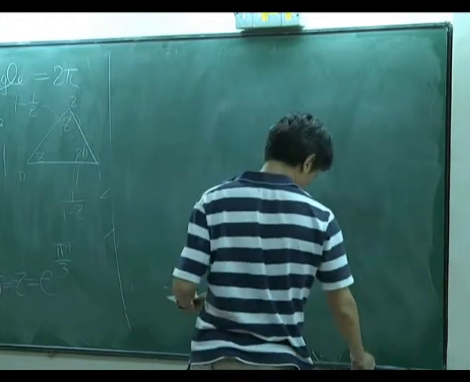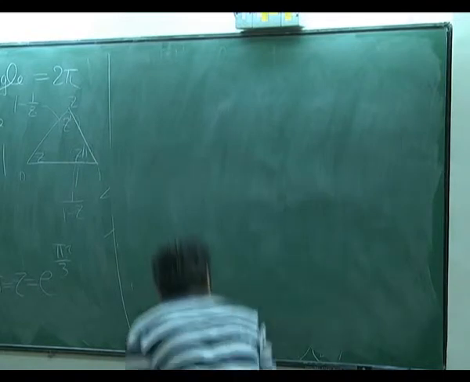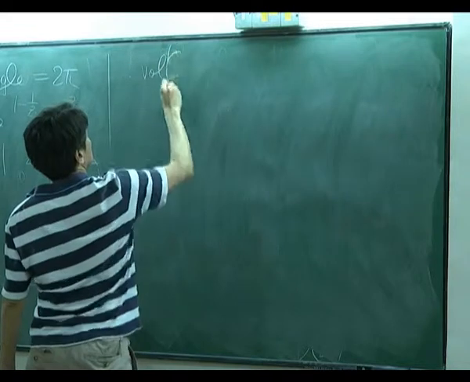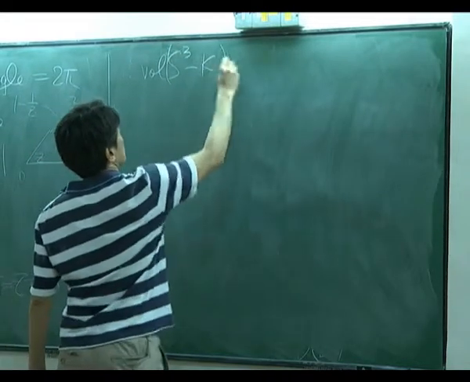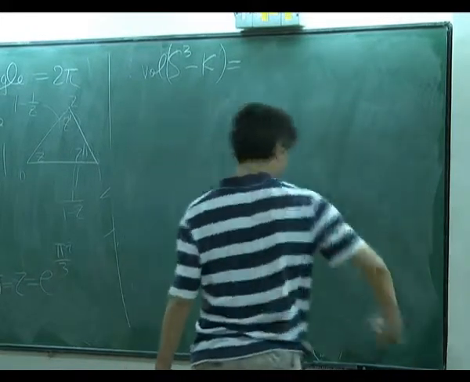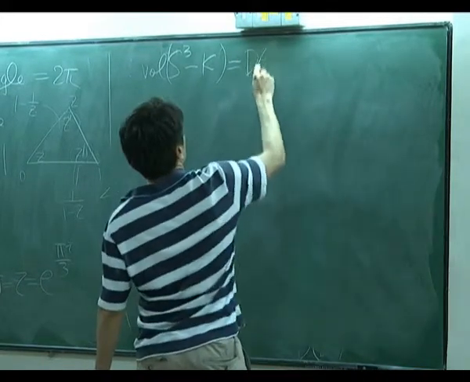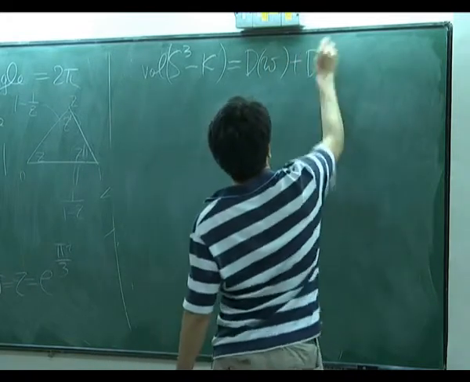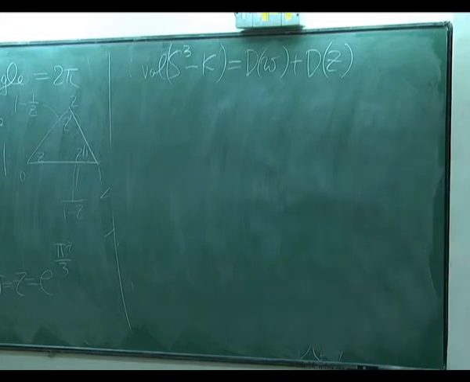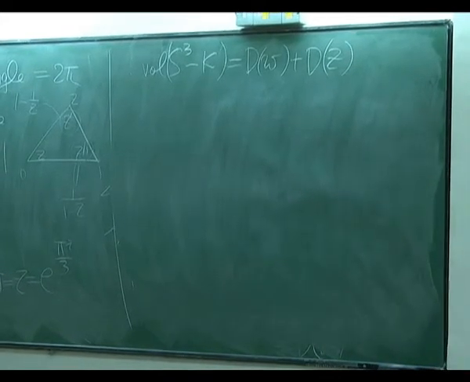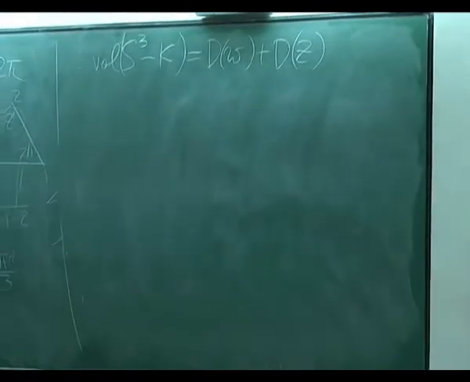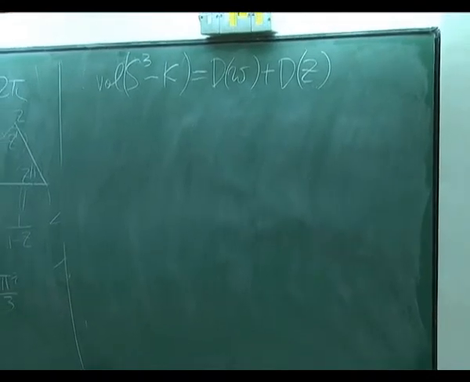The hyperbolic volume of the knot complement is given as follows. Here we have 2 tetrahedra, so it is just a sum of Bloch-Wigner functions with arguments W and Z. And in this case, we have these solutions.